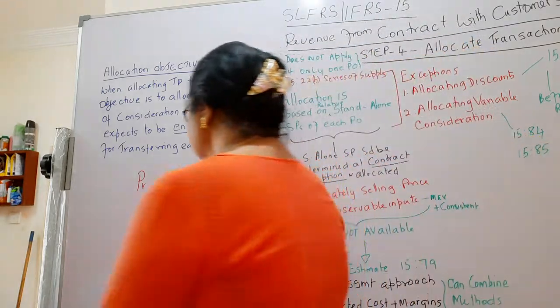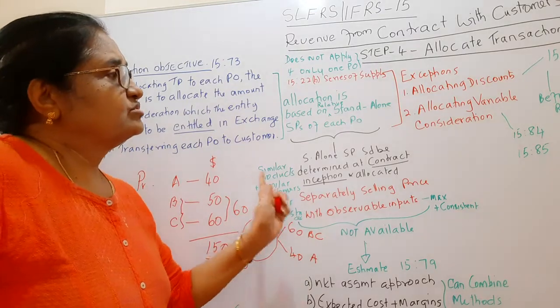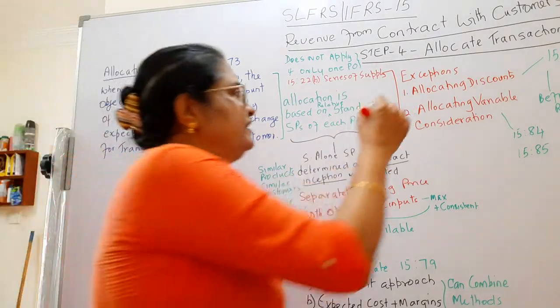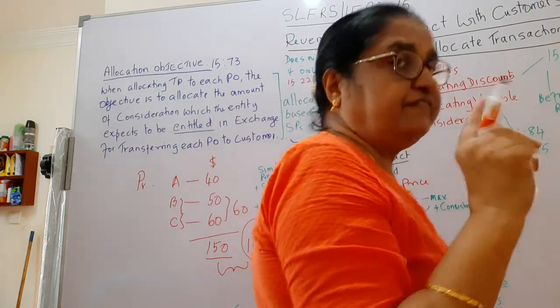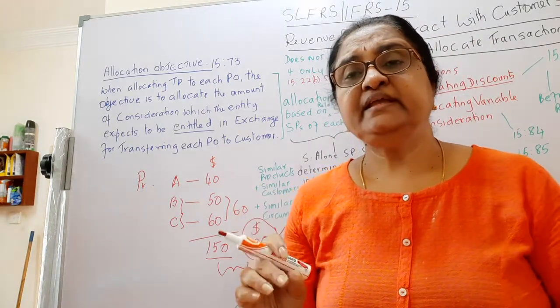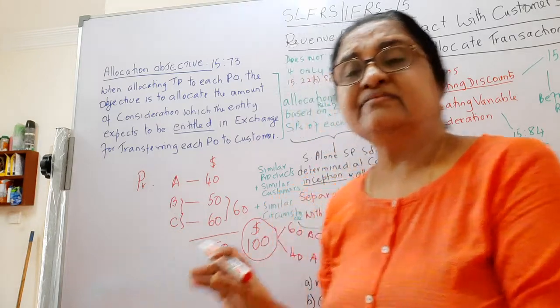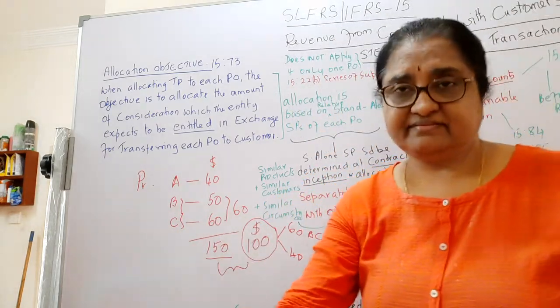So these are the allocation techniques. And you should remember that when you are allocating the discount, you have to allocate it first, before doing any residual approach method to ascertain the standalone selling price. That's what the standard says.